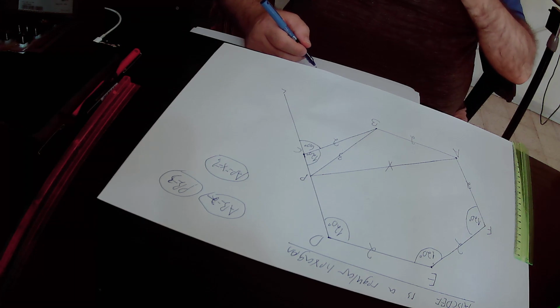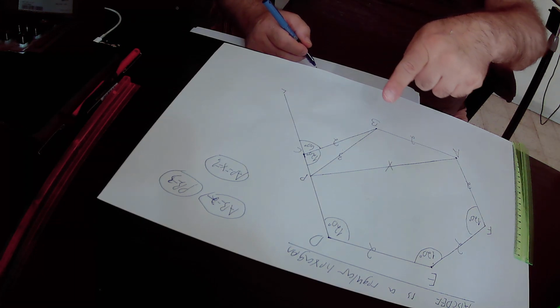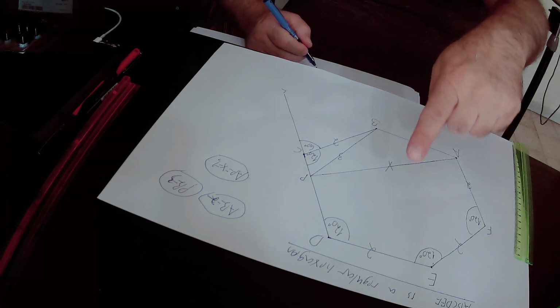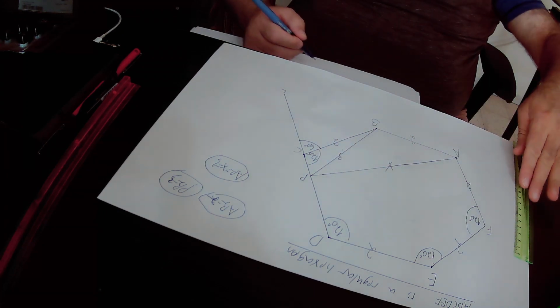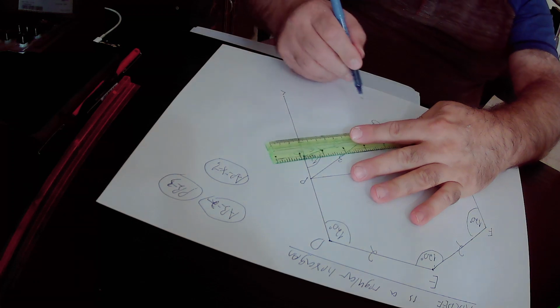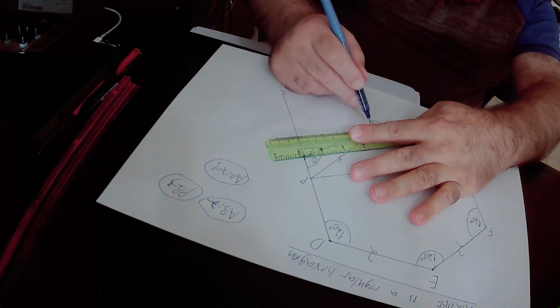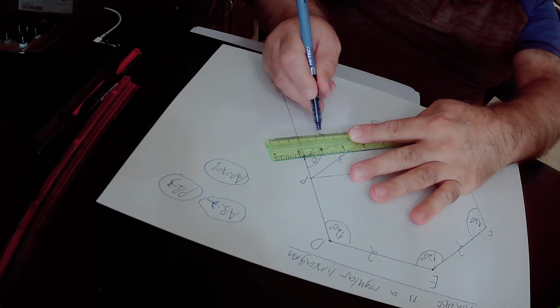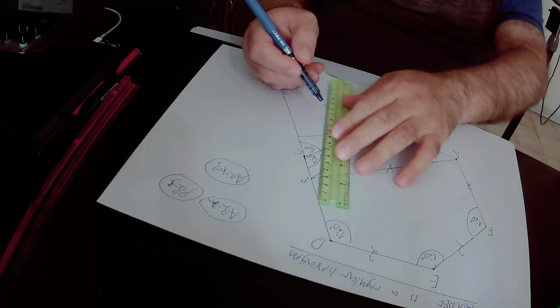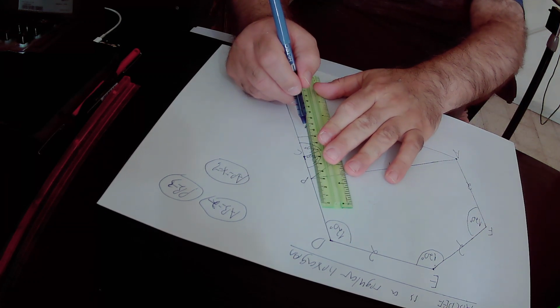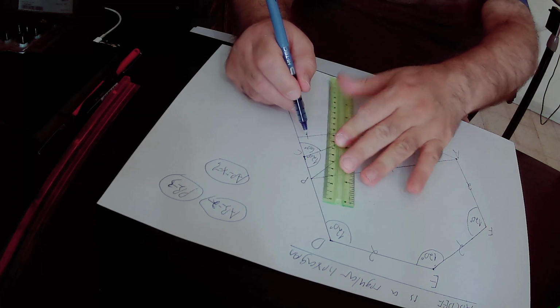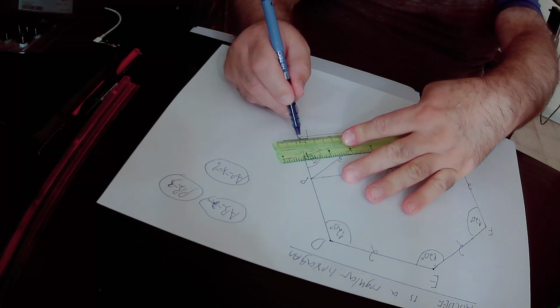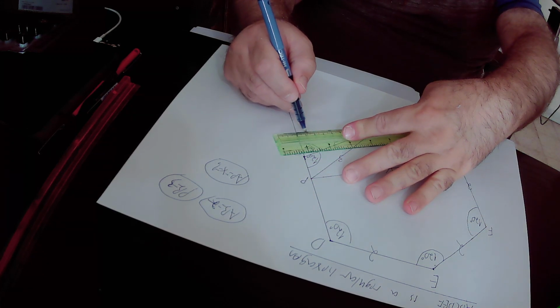In the next step, from point B, we will draw a perpendicular on DL. So actually, this angle equals 90 degrees according to our construction.